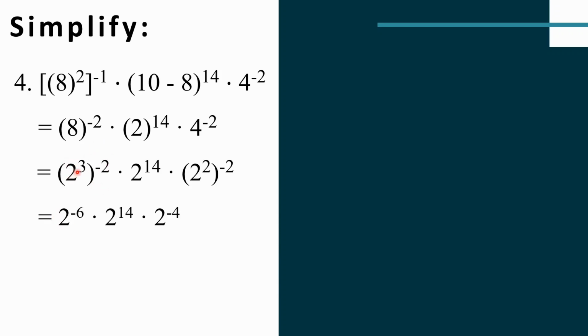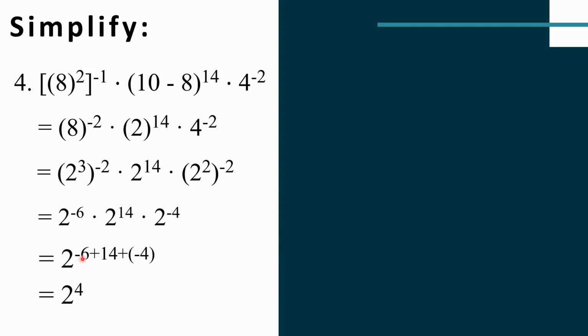Since pare-parehas yung bases natin, we can apply the product rule in which we have 2, kopyahin, and then, ang gagawin natin sa exponents ay i-add lamang natin. Negative 6 plus 14 plus negative 4. Nakuha ba? So, we have negative 6 plus 14 plus negative 4, that is equal to positive 4.